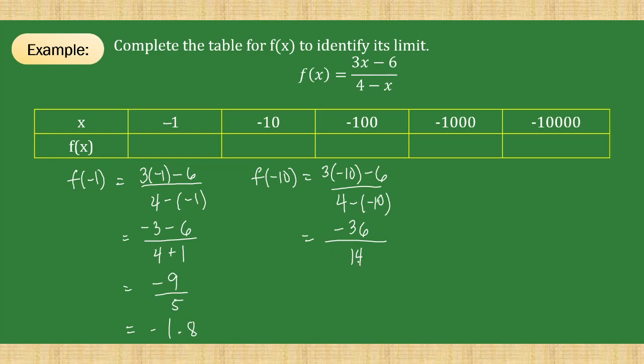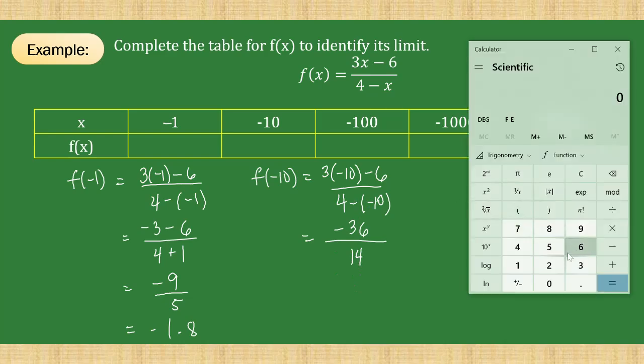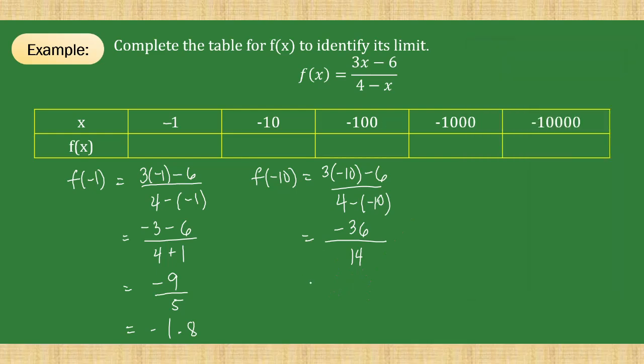Let's use our calculators to divide them. We have negative 36. I-divide natin sa 14. The answer is negative 2.57. Let's just use the second decimal number. Negative 2.57. So, ito, negative 1.8, negative 2.57.